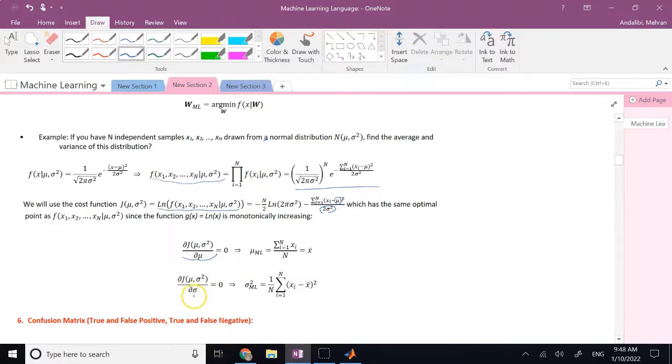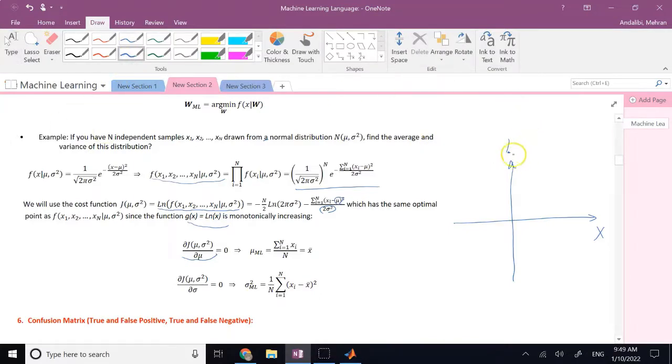No, it doesn't. Why? Because the function natural log of x, if you look at it, is a monotonically increasing function, correct? The natural log when x goes to 0 goes to negative infinity. When x goes to positive infinity, it also goes to positive infinity. Correct?